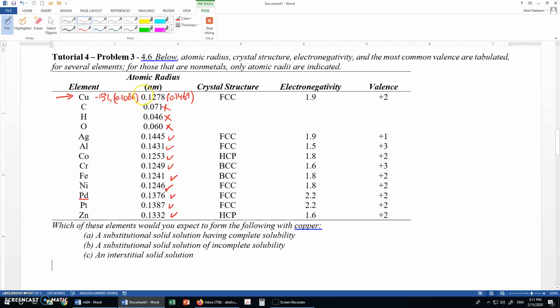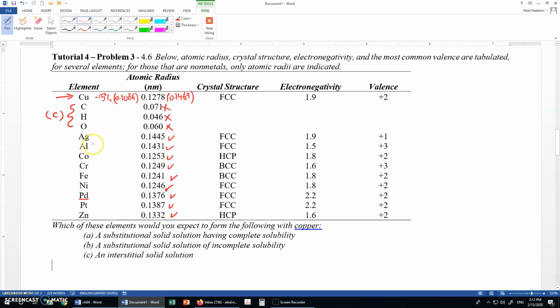So from the atomic radius criterion, all the other elements given except these three non-metals qualify. For these three non-metals, no other property is given, and their atomic radii are much smaller than copper, so they will fall into category C, interstitial solid solutions.